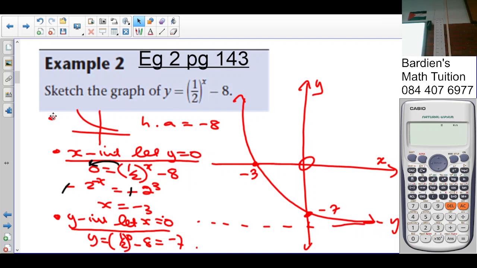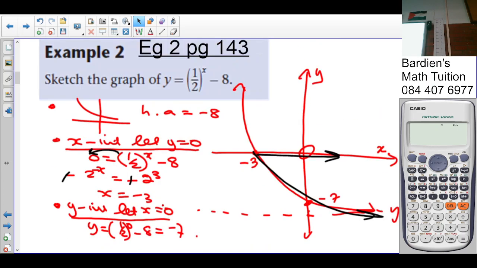X is more than or equal to negative 3. Where is f of x more than 0? X is less than negative 3. Okay? If it's equal then you put the equal as well. Alright? Any confusion here? No.